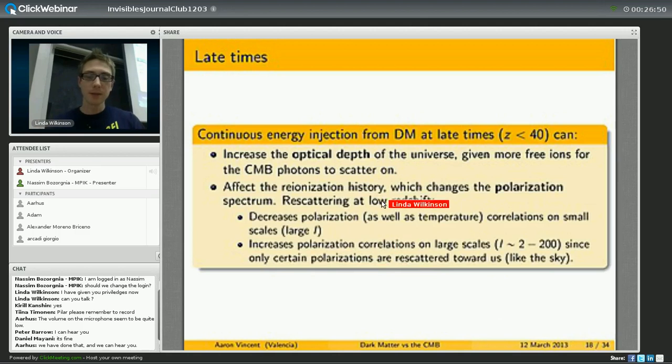So what happens at low redshift is that, again, you blur out correlations on small scales for the same reason as before. But also, you're going to increase polarization correlations on large scales.